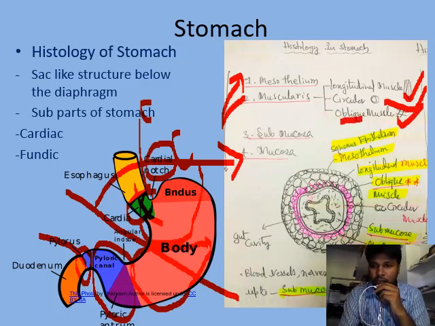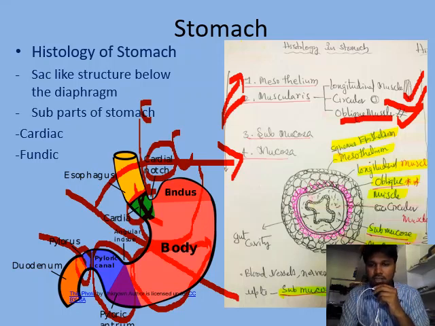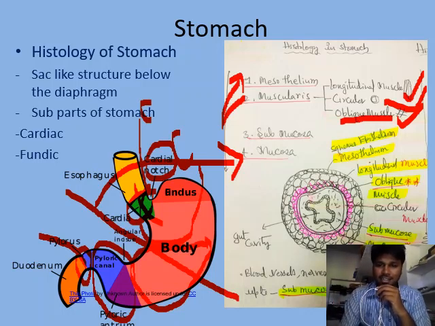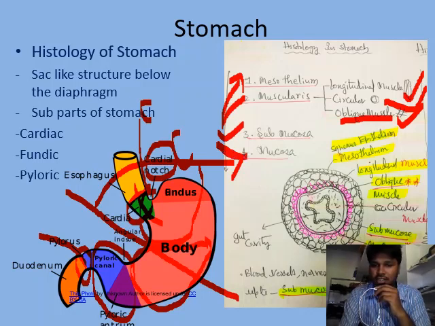Existence of oblique muscle is a unique feature of the stomach walls because this oblique muscle is absent in the other parts of the gut. The next layer is submucosa, and the innermost layer is mucosa. The function of this mucosa layer is to secrete the mucus. Okay, and in the middle we will find the gut cavity where the actual food passes.